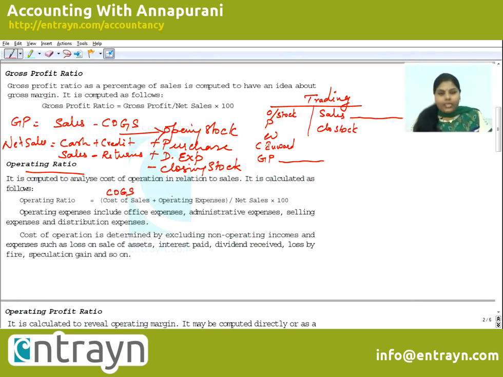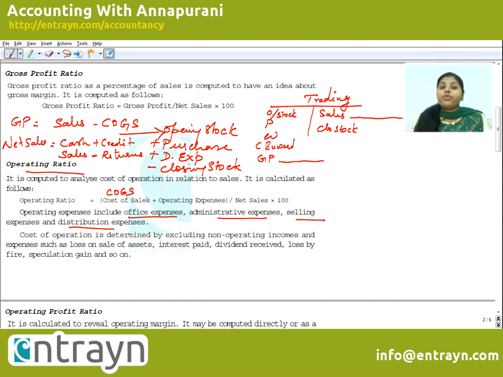Operating ratio is computed in relation with sales and a few indirect expenses, which are office, admin, selling and distribution. So operating ratio is equal to cost of sales, that is cost of goods sold, plus operating expenses divided by net sales into 100.